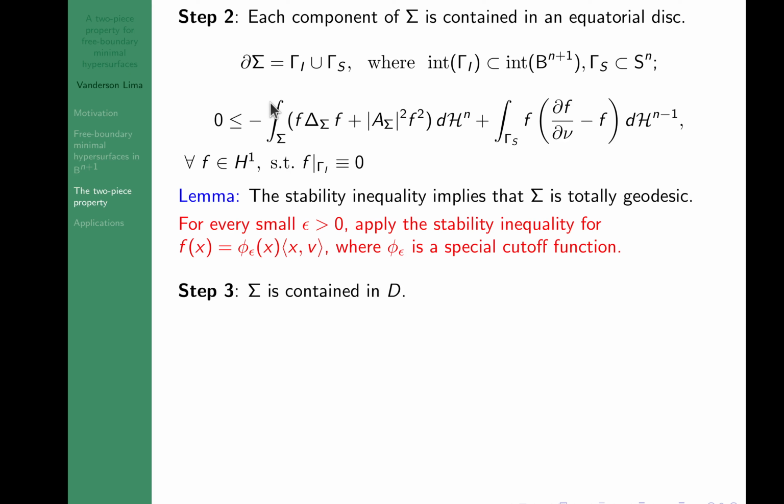Okay, I know that the surface is containing some equatorial disk, but I actually want to conclude that it is contained in my original equatorial disk, the disk D I started with. So what is the idea?